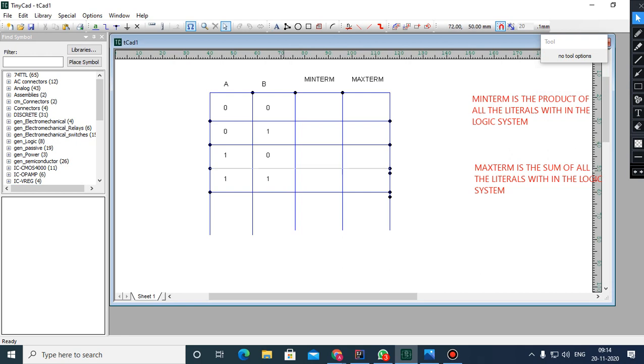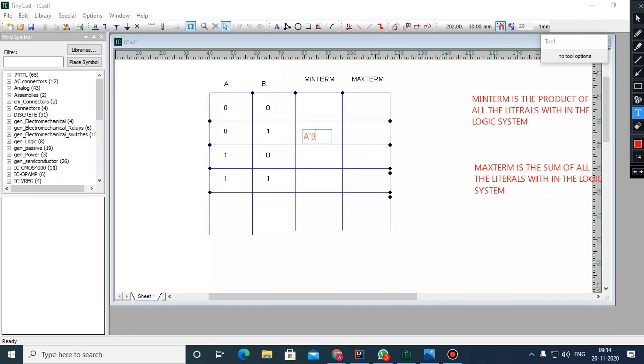So suppose, children, I am picking the very first one. I am selecting a particular cell. So here the value will be A complement B, since it is the product of all the literals. In front of A you can see that 0 is there.